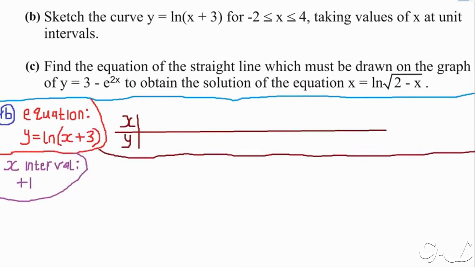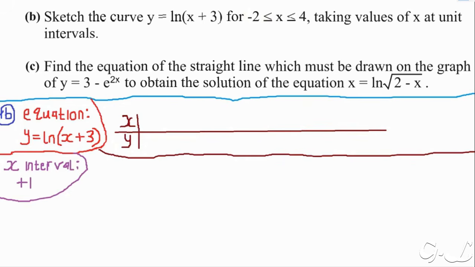So we are now going to find the coordinates. We are given the statement that x is greater than or equal to negative 2.